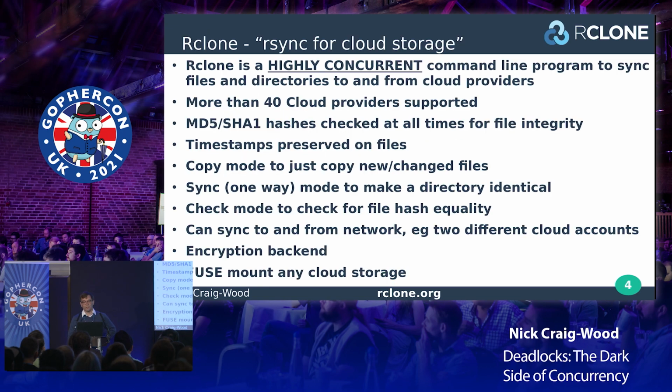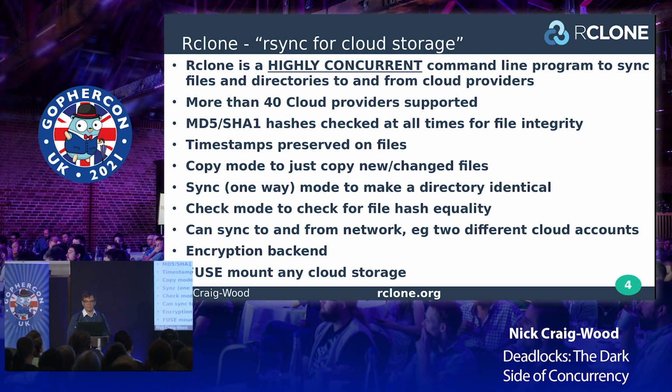Since all the real-world examples in this talk come from rclone, I'll tell you a little bit about it. rclone is a highly concurrent command line tool to sync your data to and from any cloud storage system. It supports over 40 providers, including S3, Dropbox, Google Drive, Azure, and loads more. It tries to do everything it can to minimize your network and disk bandwidth, and to minimize the chance of data corruption.